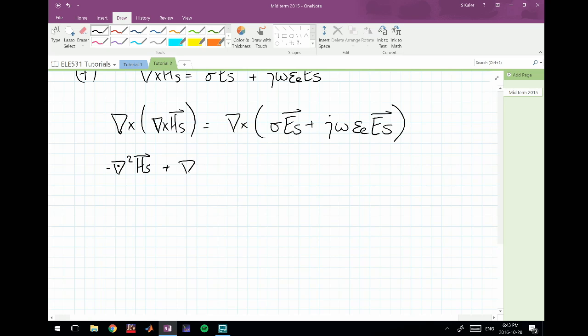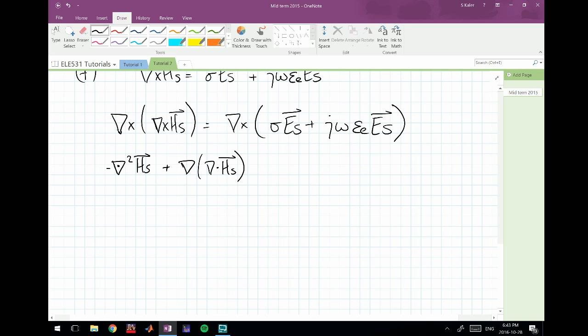So you have the gradient of this divergence. You need the dot in the middle because that's the vector product. This first term, when you take the del squared, is actually called the Laplacian.